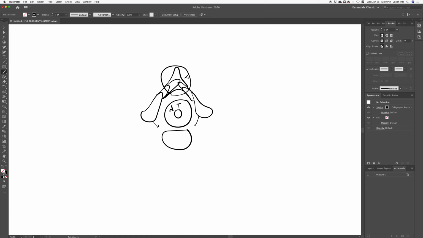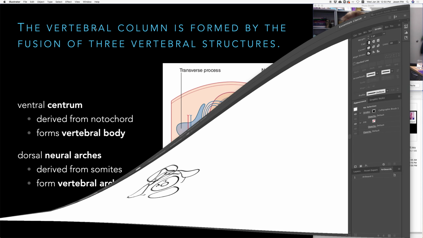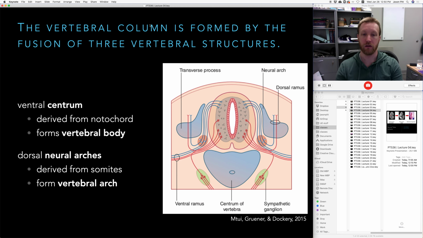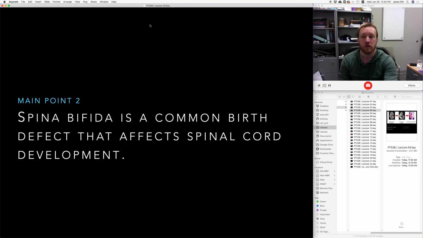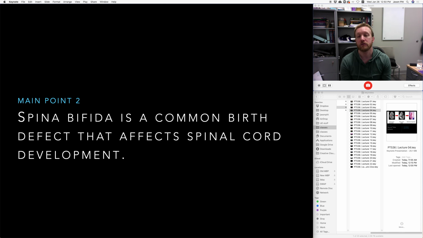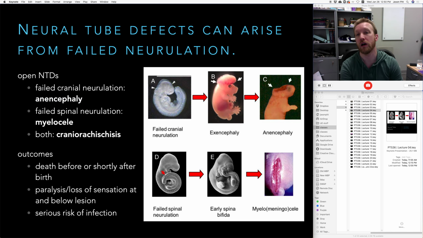So we can have issues with neurulation, or we can have issues with the actual development of the spine itself, the bony structures. And with spina bifida, here we're just dealing with abnormal spinal cord development. It could be neurulation. Again, it could be that bone development as well.